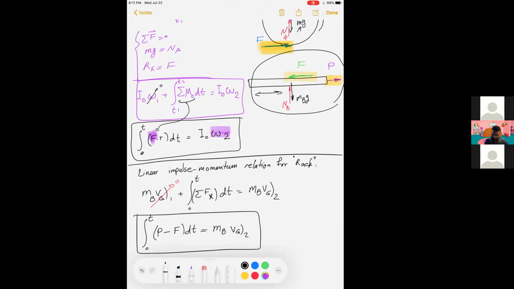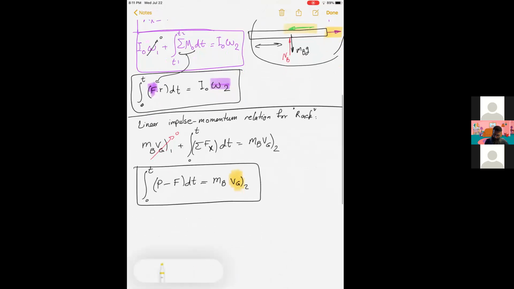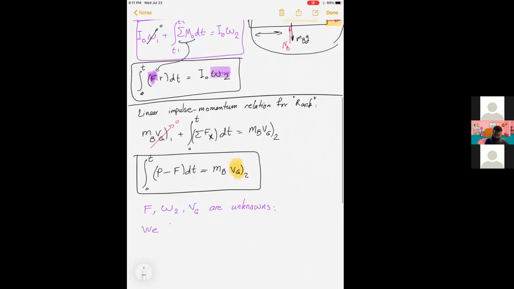I created two equations. But if you see here, I also created a third unknown, vG. So my unknowns are technically F, omega 2 and vG, right? I have two equations, and we need one more.